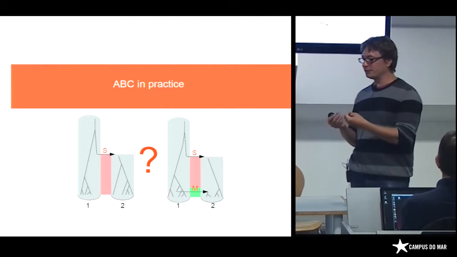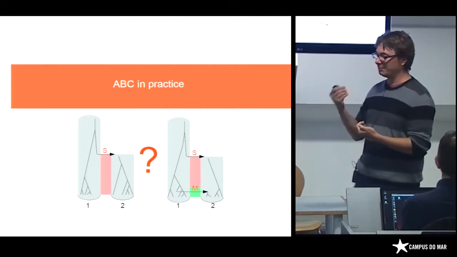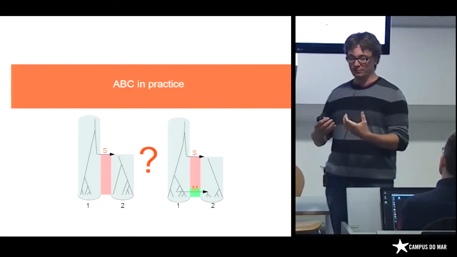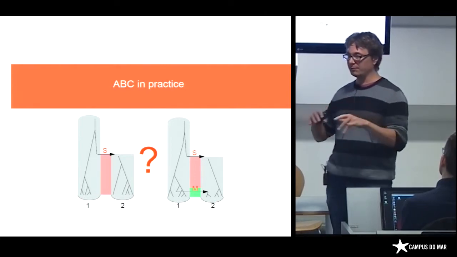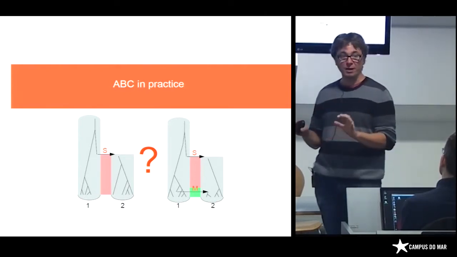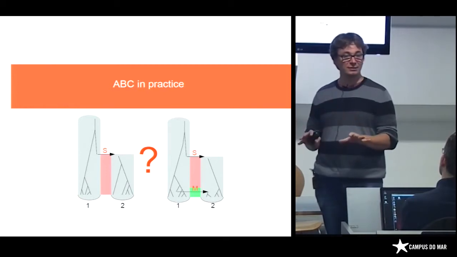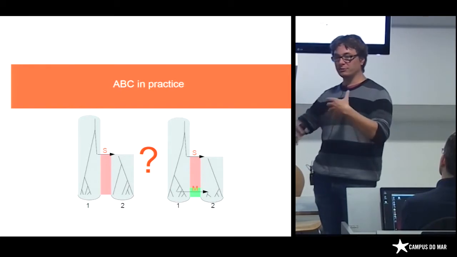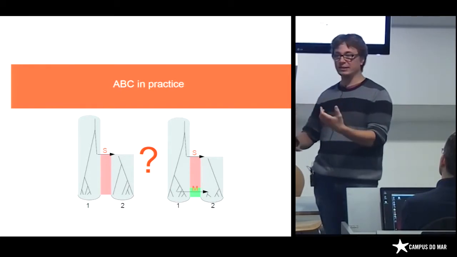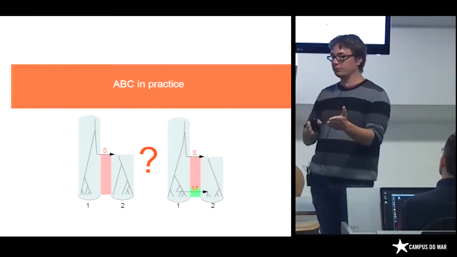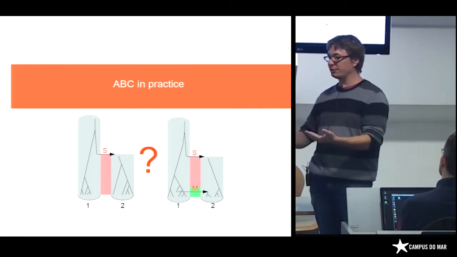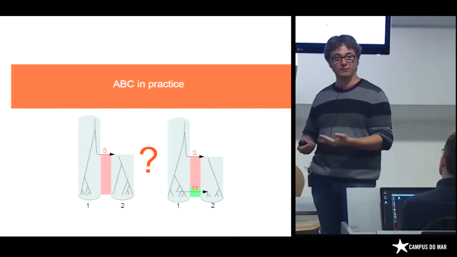The second objective is, as ABC is based on simulation, to make you feel comfortable doing simulations, because in population genetics it's always useful to try to simulate a scenario to confront to the data, even if you do not use an ABC statistical framework.